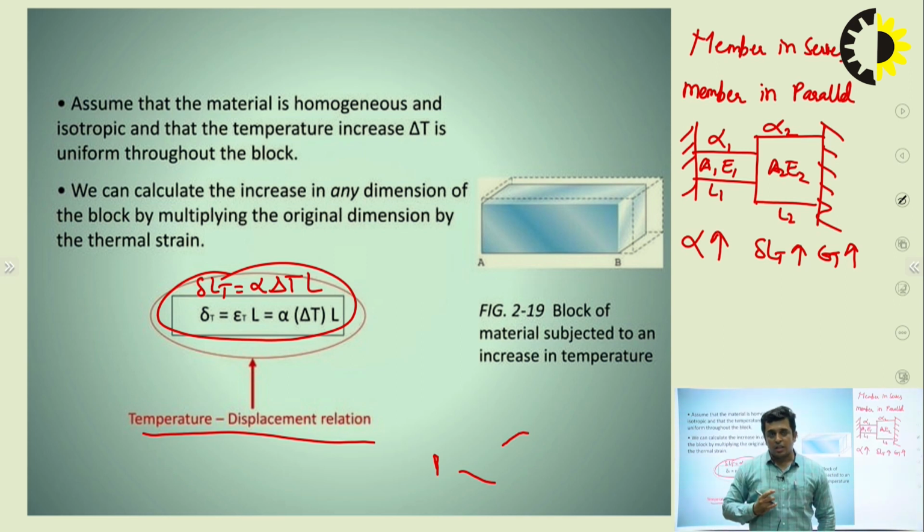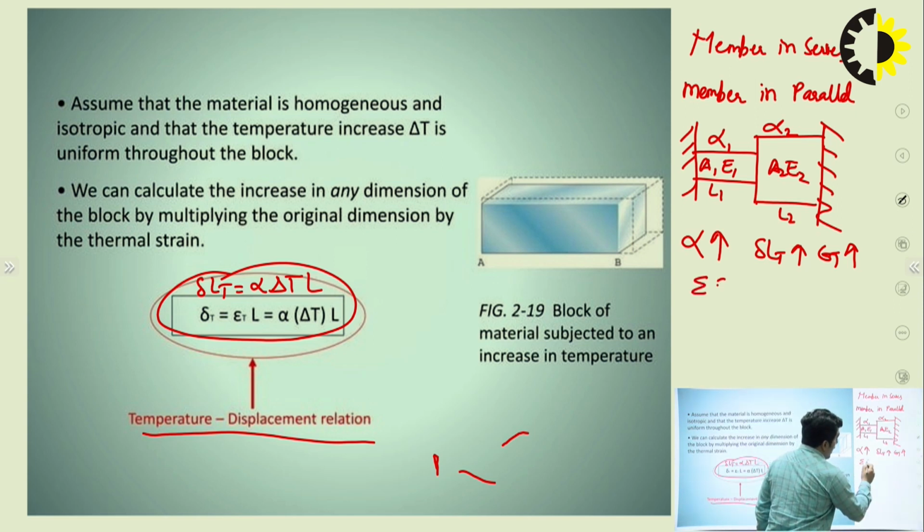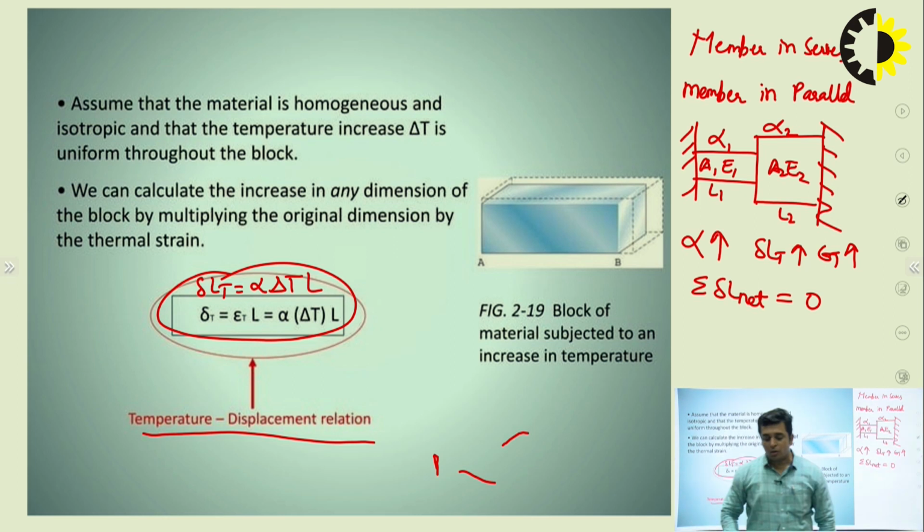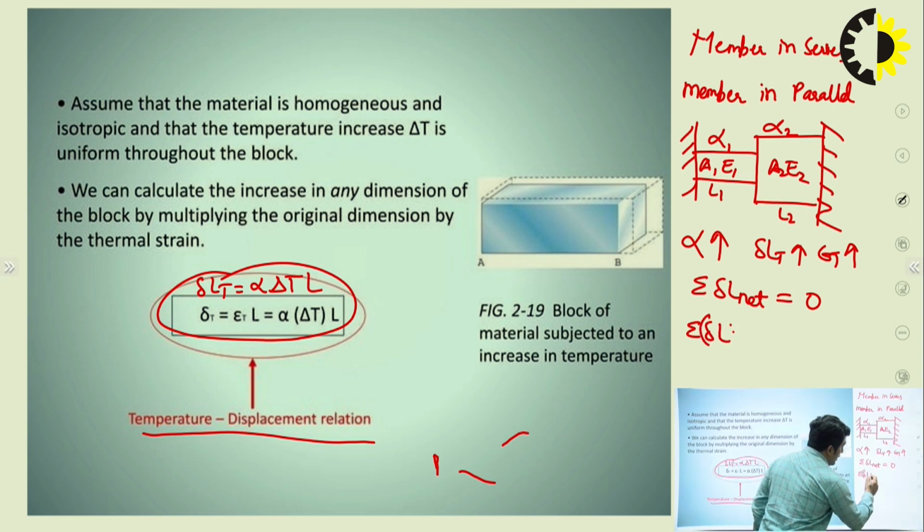Now, our previous knowledge says that for full restriction, delta L net will be equal to 0, because the change in length finally will be 0. And this delta L net is delta L thermal minus delta L mechanical equal to 0.